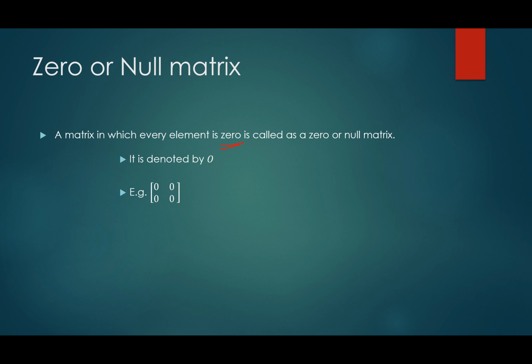It is denoted by capital letter O, as the name suggests. I have given an example. Whatever the order of the matrix, the most important part is that each and every element must be 0. Then it is called a zero matrix.